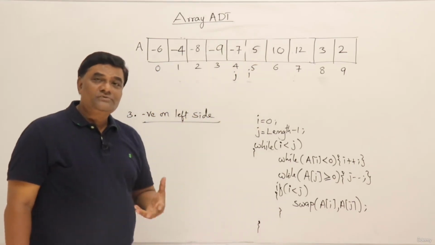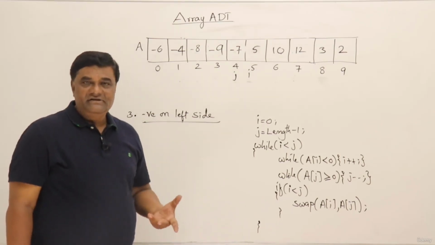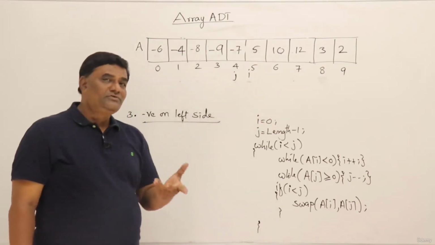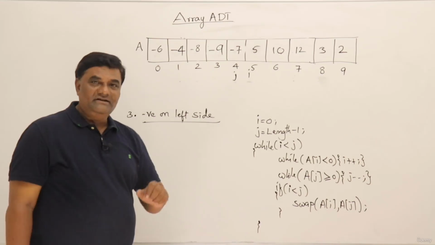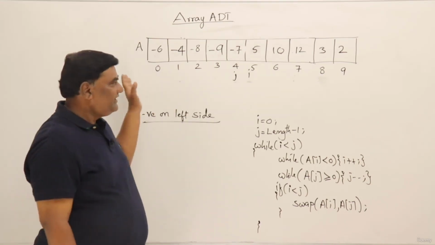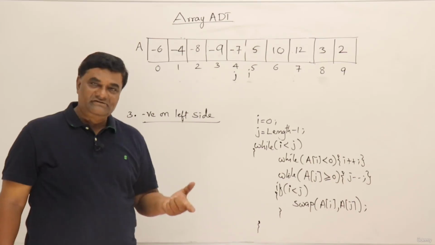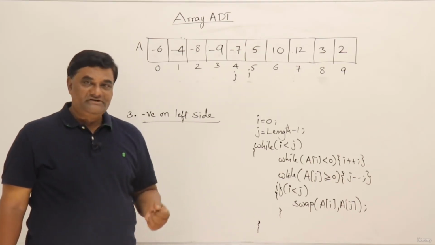So in total n plus 2 comparisons were there. Then swappings depend on the input. If all negatives are already on this side and positives on that side, no swapping will be done. But the main time is spent on comparing the elements. So we can say the time is order of n. This is scanning the whole list just once. The exact number of comparisons is n plus 2.